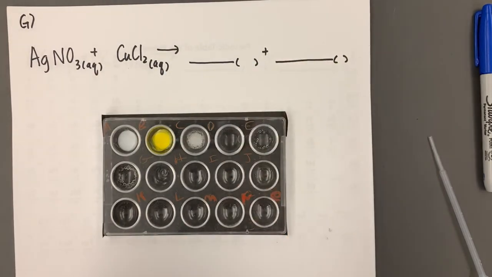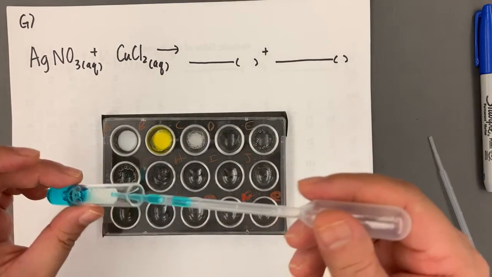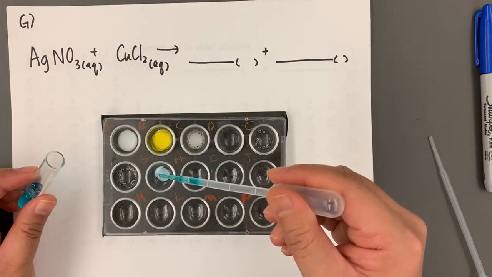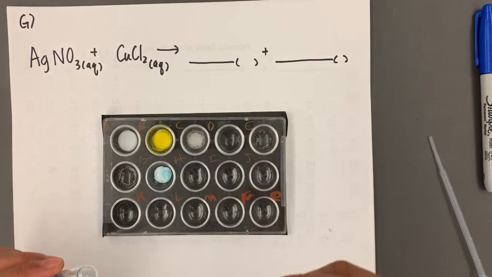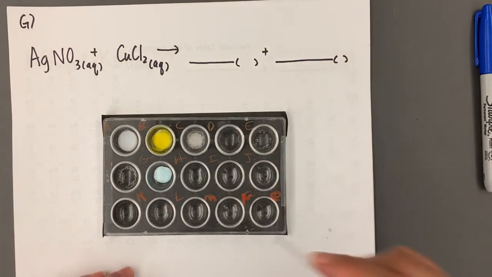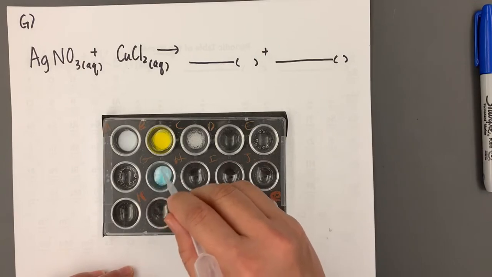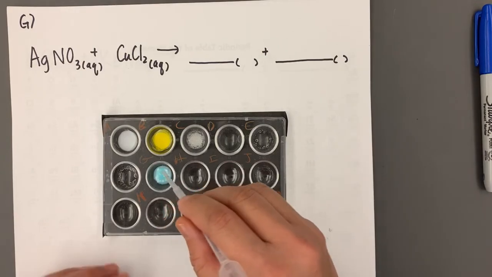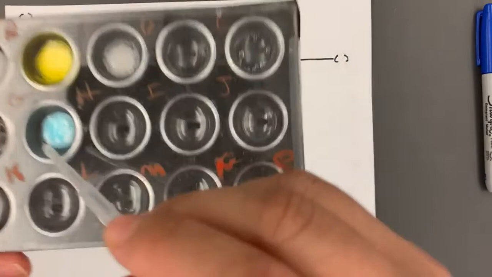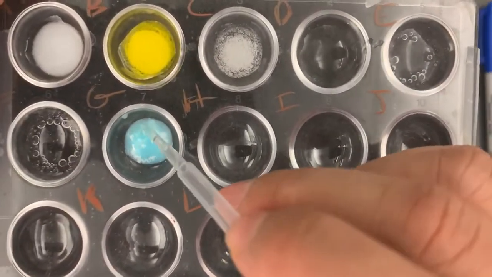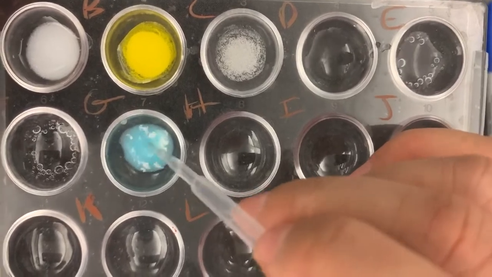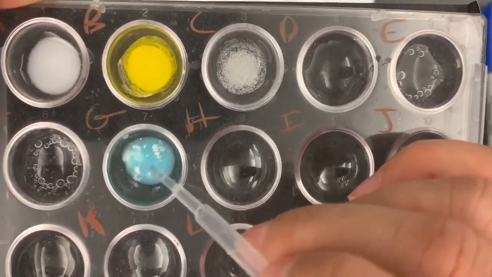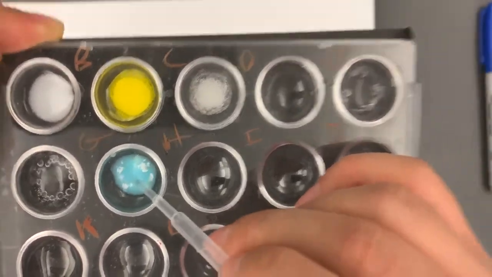We're going to add that. Notice there is a white precipitate that forms. I'm going to bring the camera up closer to you. It's a white precipitate, and the solution itself is still blue.